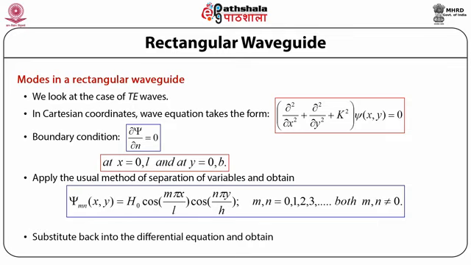Substituting this value of psi subscript mn, where mn denotes the mode of the transverse electric wave, we get the differential equation as capital K square subscript mn is equal to pi square times bracket open m square by L square plus n square by b square bracket close.